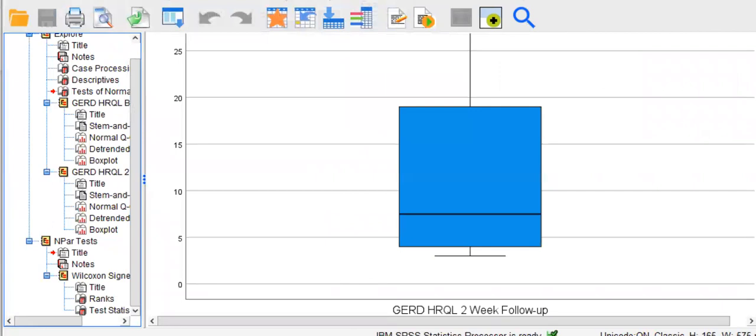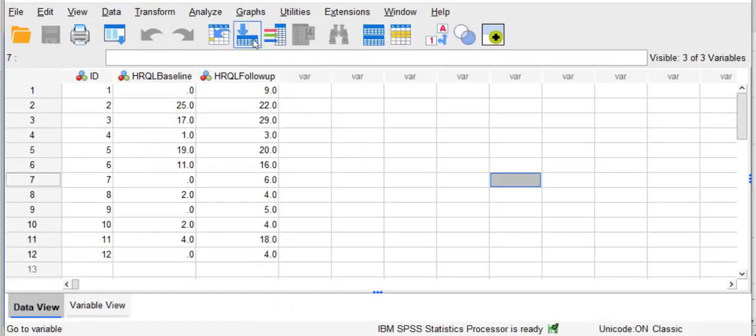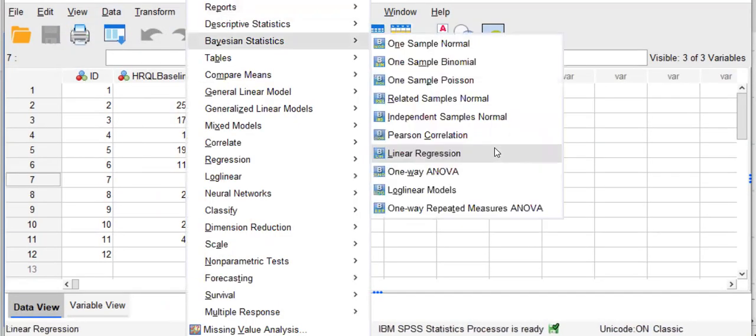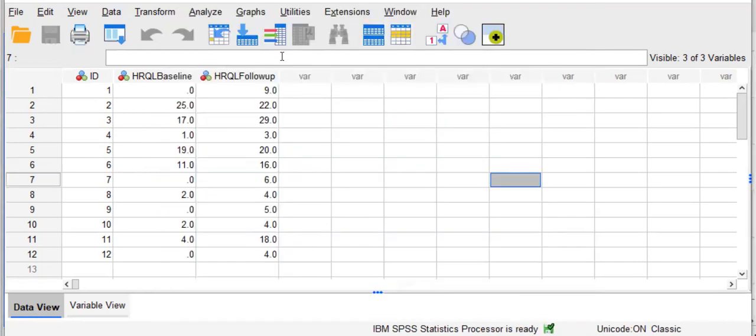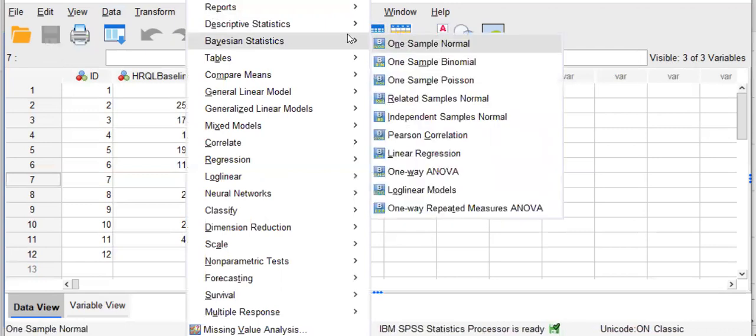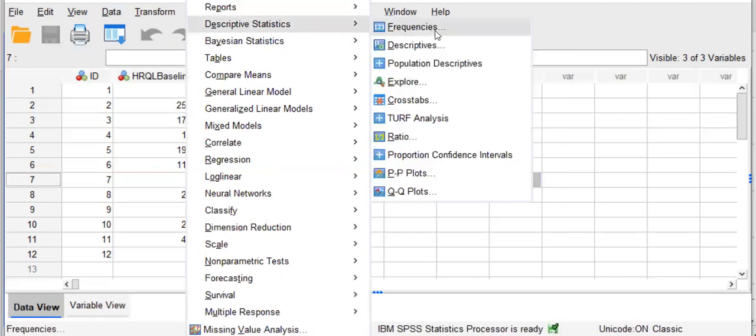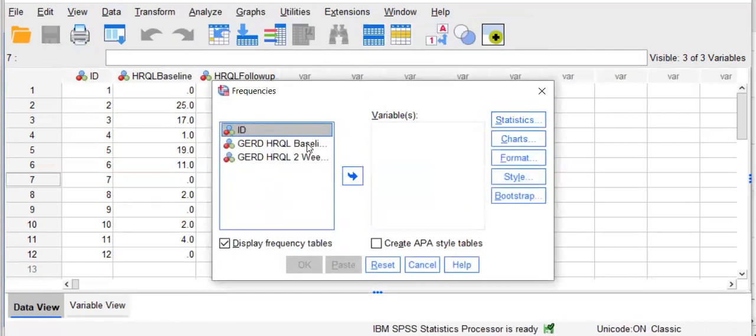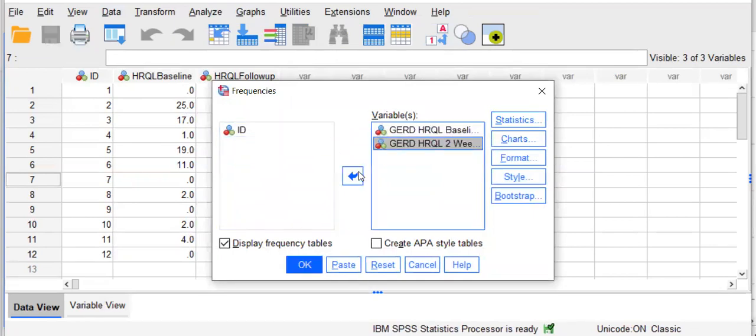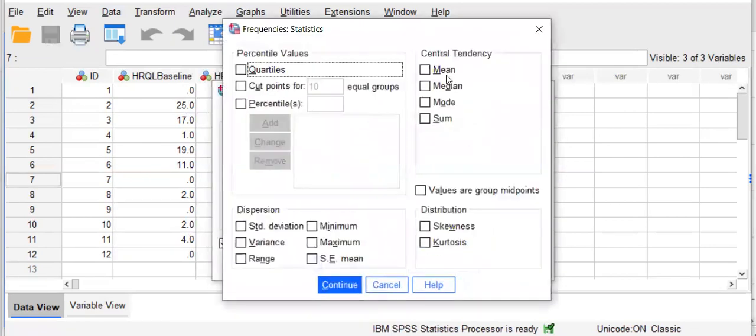The other thing we are going to need to do is obtain medians for the baseline and the follow-up score. So analyze, descriptive statistics, frequencies, and we want to move over our 2 variables, click on statistics and median. Now, why am I not asking for the mean as well?